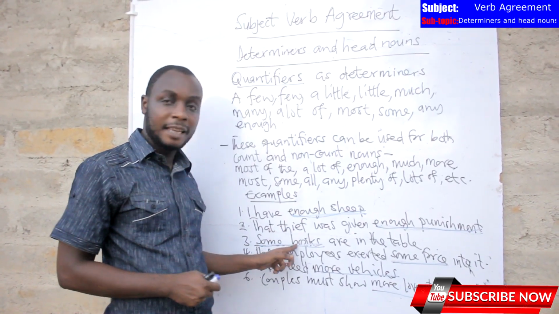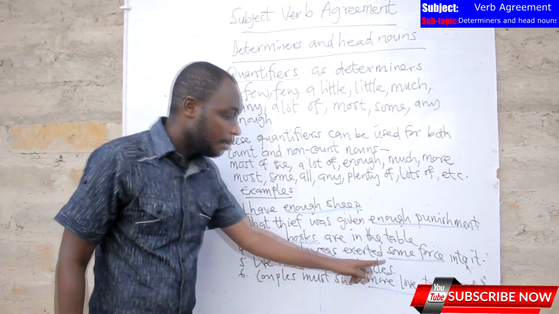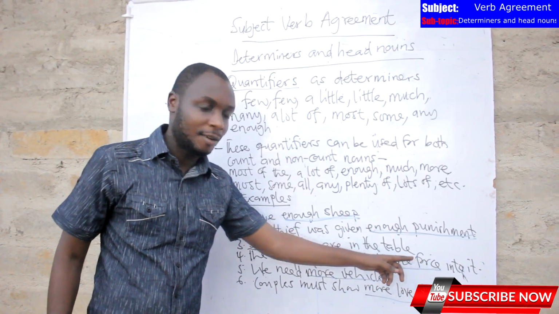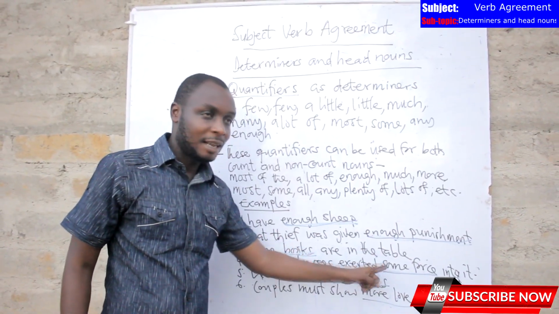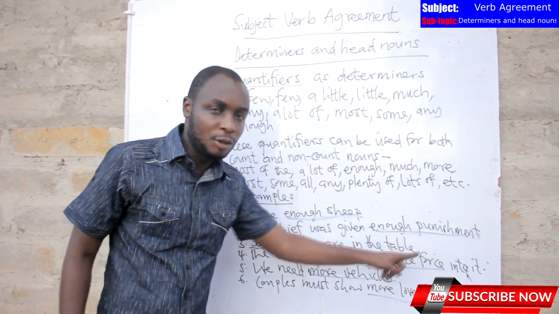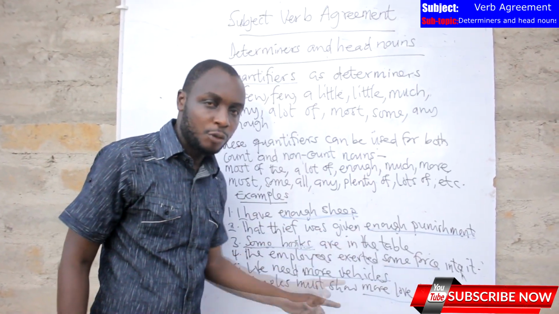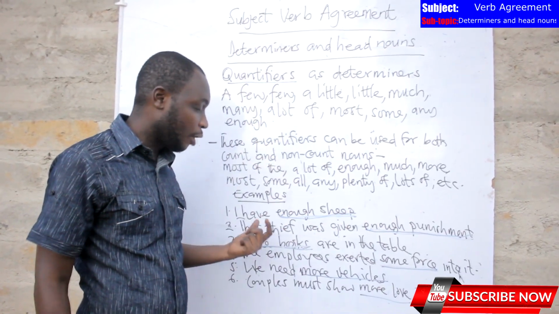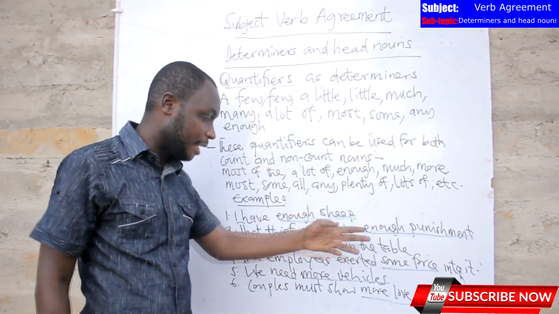So as we see here, books can be counted, but force cannot be counted. So force here is a non-count noun, and we use the quantifier to qualify it, and we use it as a determiner. The employees exerted some force into it.